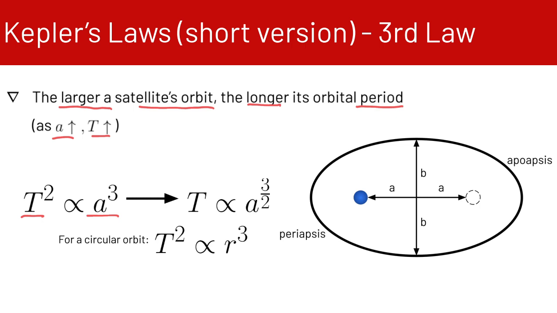So in other words, period is directly proportional to A to the 3/2 power. And for a circular orbit, which we'll get into in another lesson, T squared is directly proportional to R cubed. So for a circle, we have the radius rather than the semi-major axis. So T squared is proportional to R cubed.